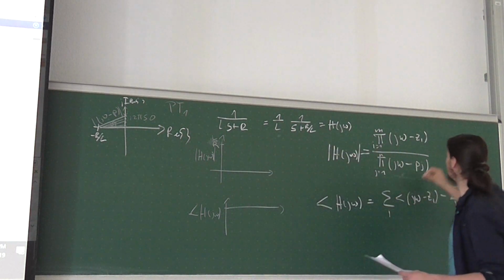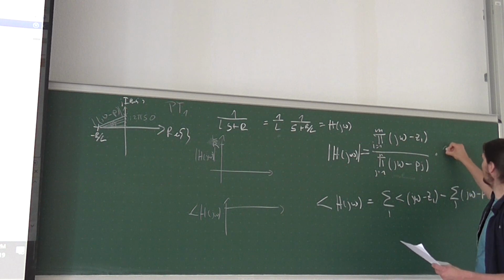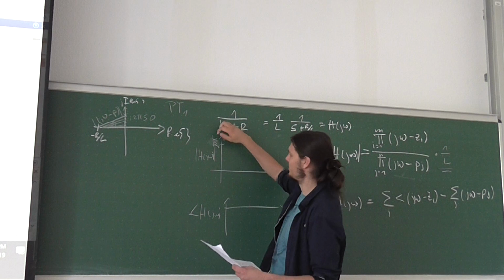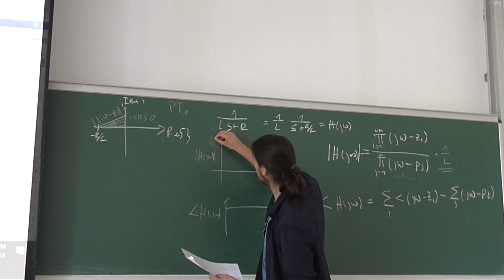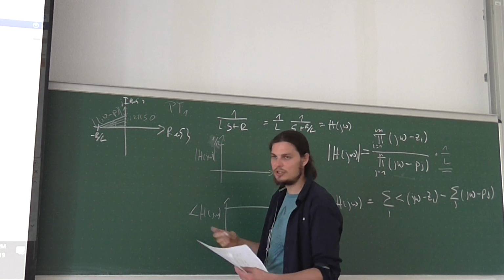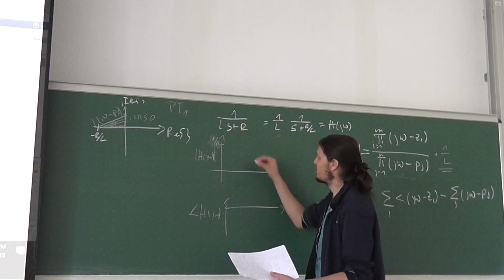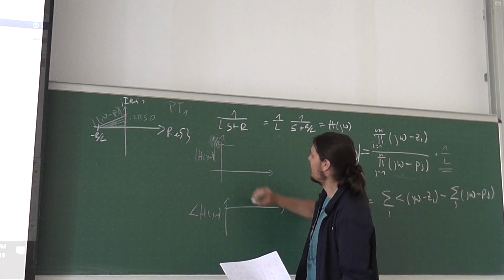The whole thing would have been times 1 over L. You forgot that, you're absolutely right. So it would be L over R times 1 over L, so it's actually 1 over R. Correct. And this makes sense, right? For a DC signal, we put a voltage on, the L shouldn't matter. Okay, so we start at 1 over R.